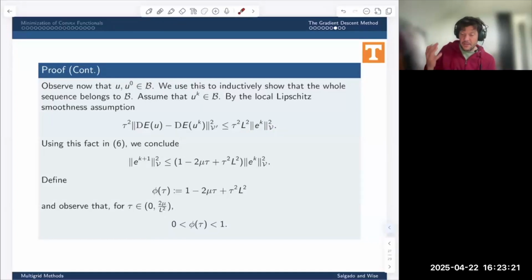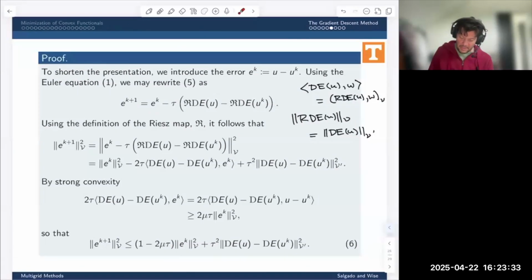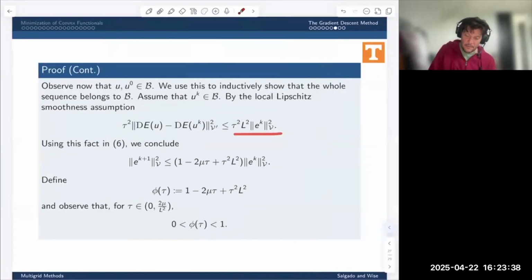That's just by the assumption of the Lipschitz smoothness, and it's local only on B. That means that we have to use the Lipschitz constant that is in B. So we're going to replace this with that estimation. And from 6, that allows us to write that the norm of e_{k+1} squared is less than all this stuff times the norm of e_k squared.